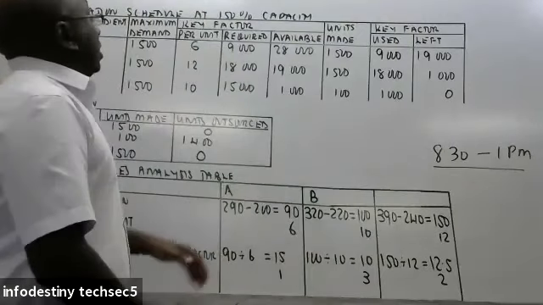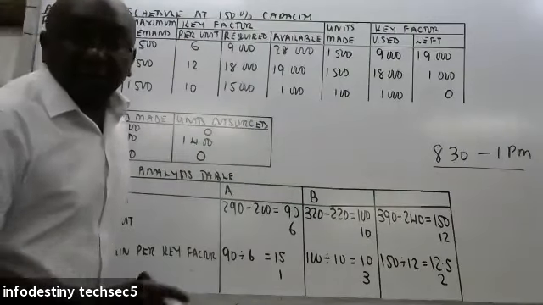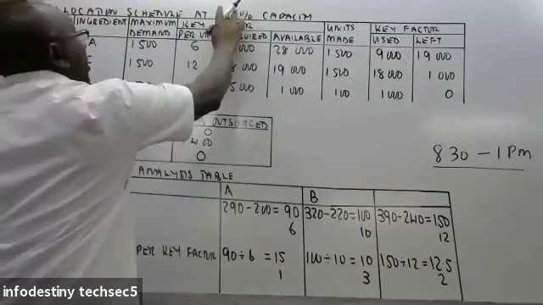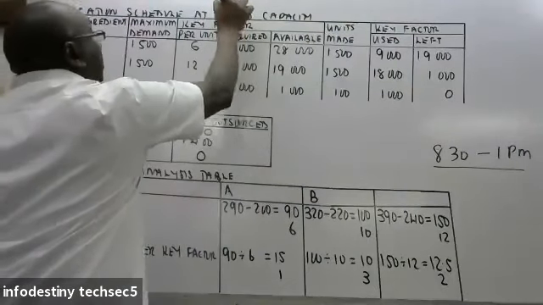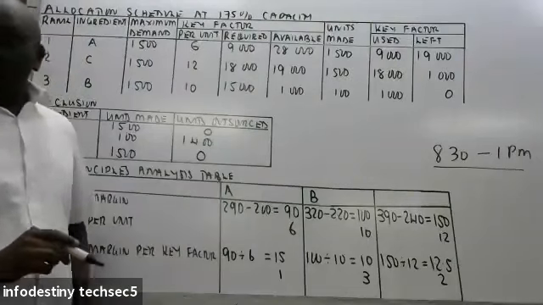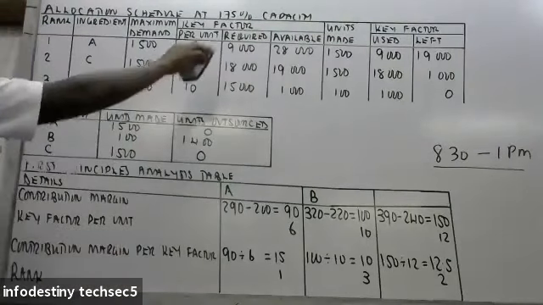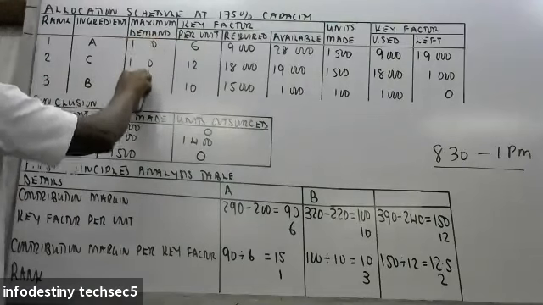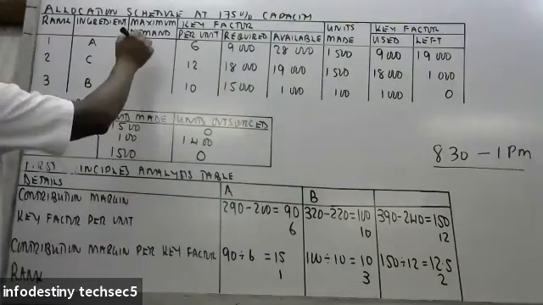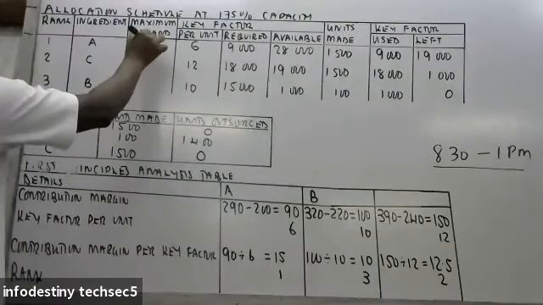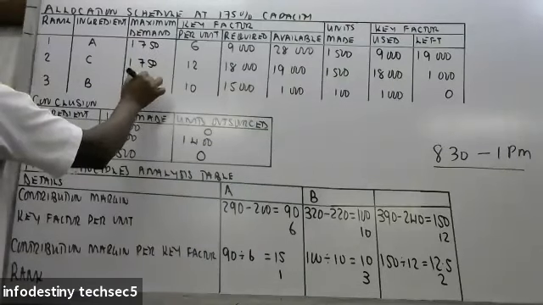The next thing, you will draw the same table like this. At 175%, you draw another table like that, but the changes will be here. This now will be 1,750, 1,750, 1,750.